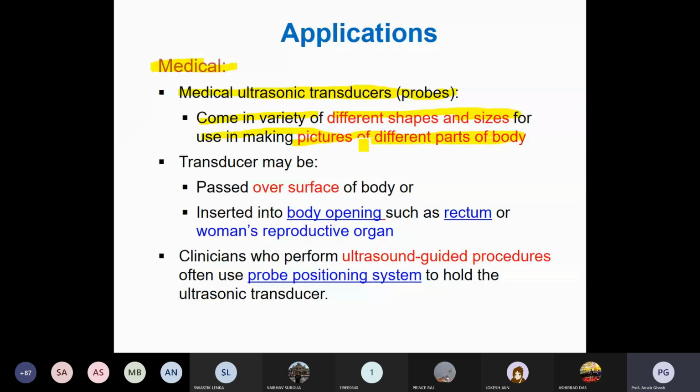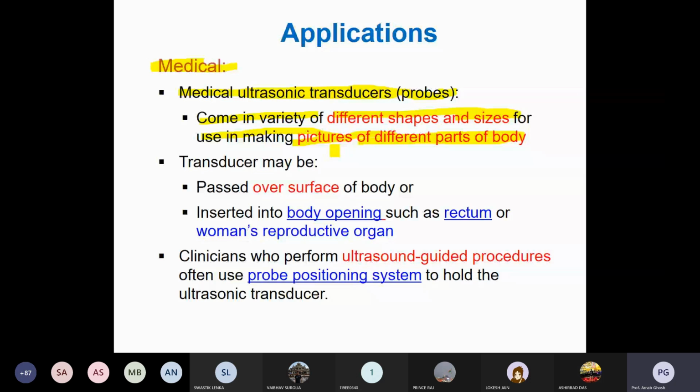All of you know about USG, ultrasound sonography. Different parts of the body can be scanned, or you can find any stone in different body parts like the gallbladder or kidney. You can use it for different applications.